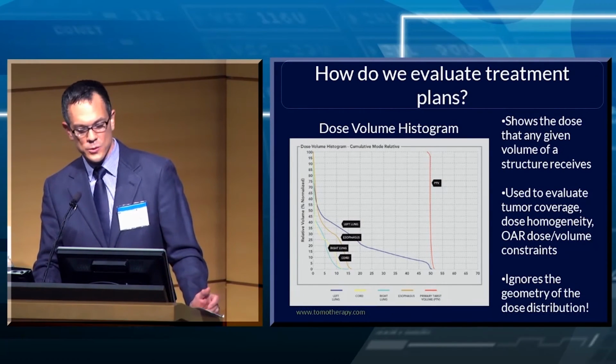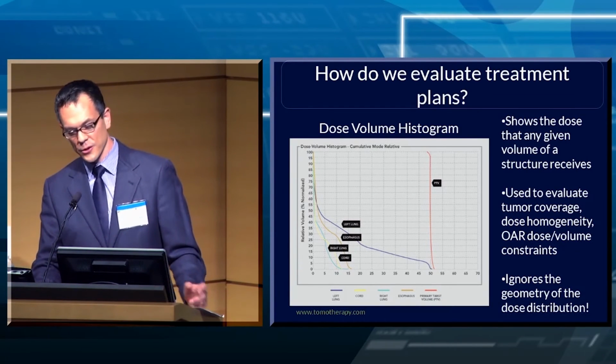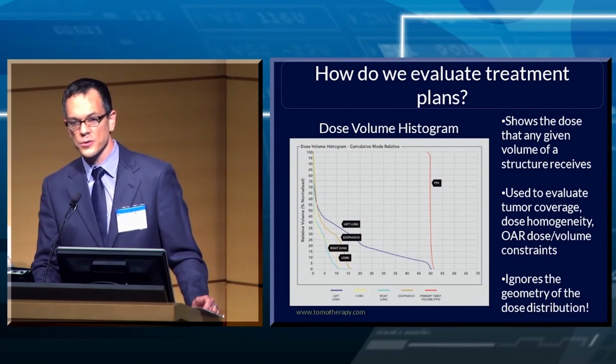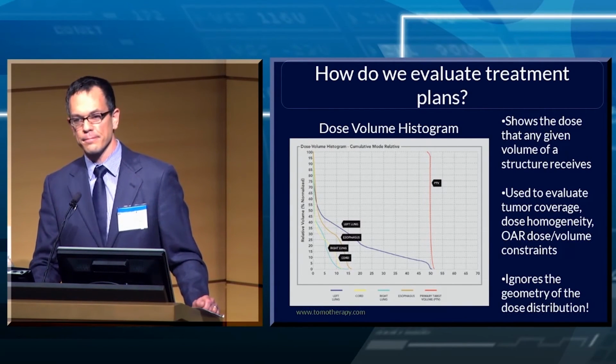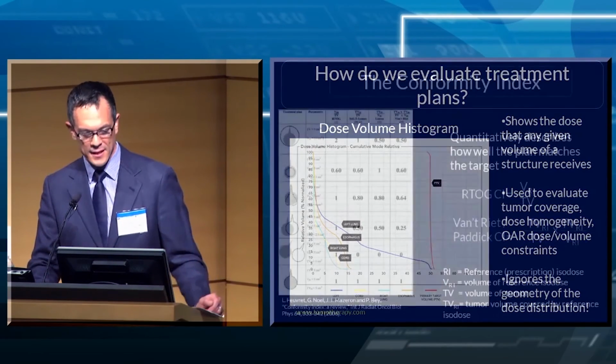And so we use this to evaluate tumor coverage, dose homogeneity, dose to critical structures, all sorts of things. But what's important about this is it ignores the geometry of the dose distribution. So it lets us have a very quantitative answer, but it's not by itself sufficient to evaluate a plan.